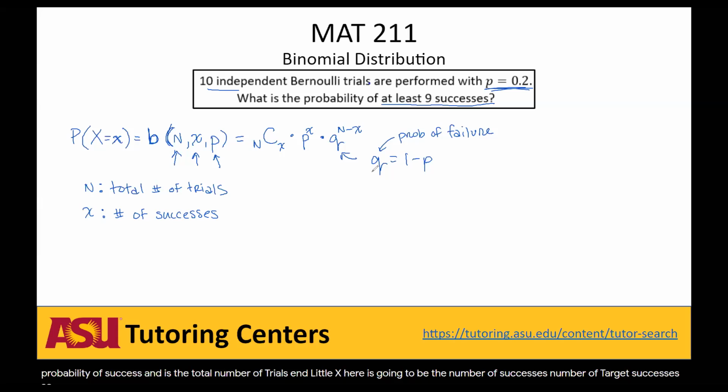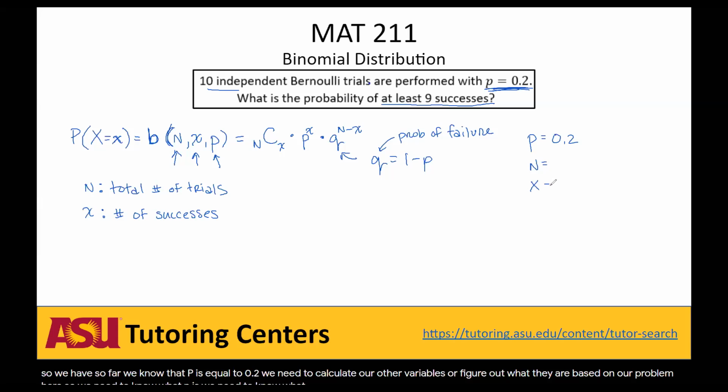So far, we know that p is equal to 0.2. And we need to figure out our other variables based on our problem here. So we need to know what n is, we need to know what little x is, and we need to know what our q is.